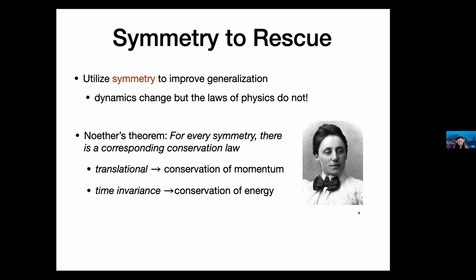So if we can build symmetries into deep learning architectures, then we automatically satisfy the conservation laws in physical dynamics, and therefore we expect the models to be able to generalize to very different test dynamics.